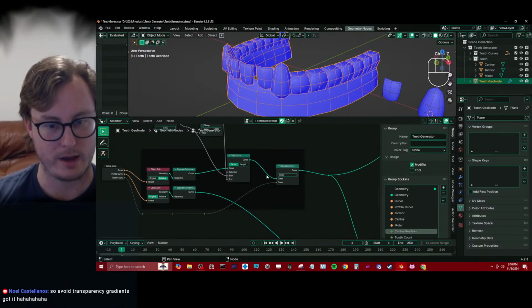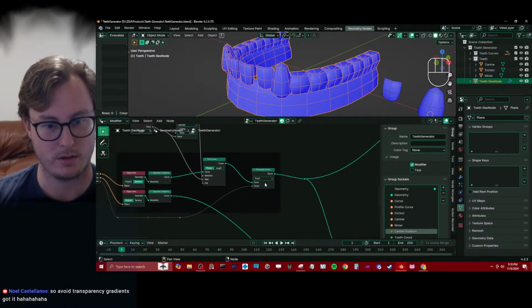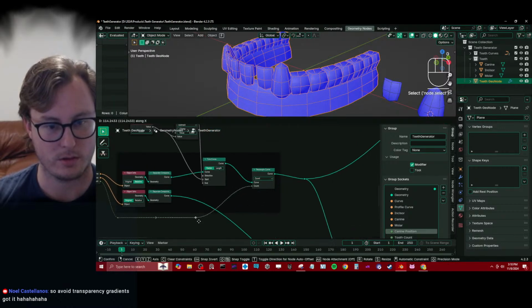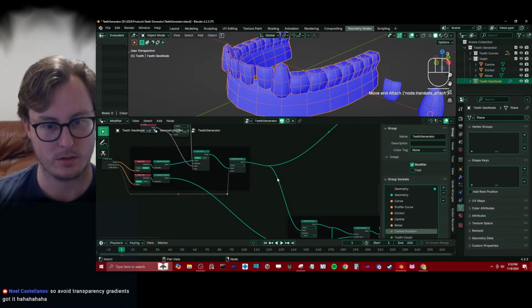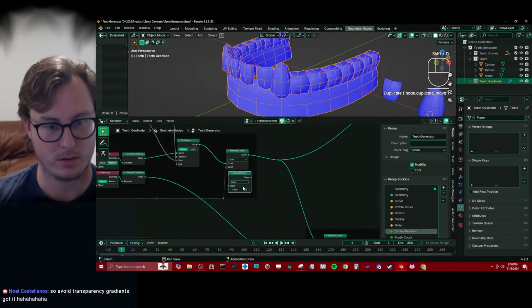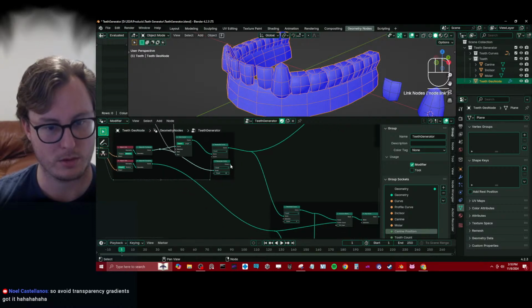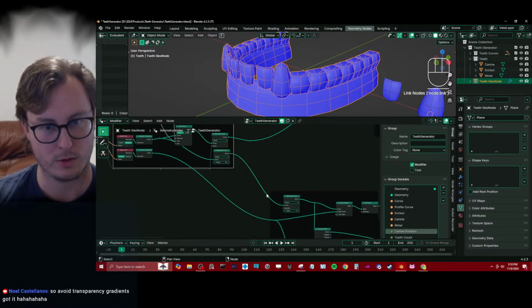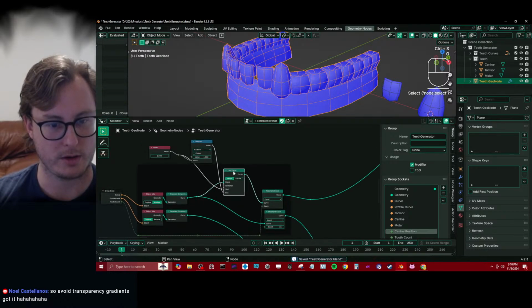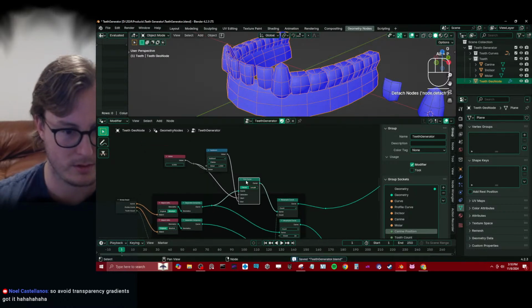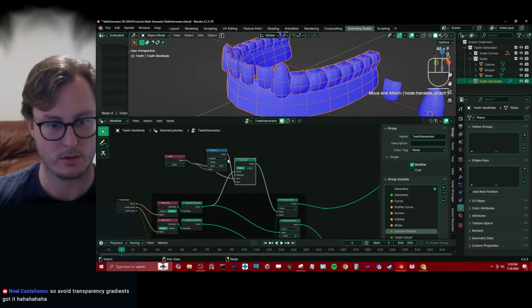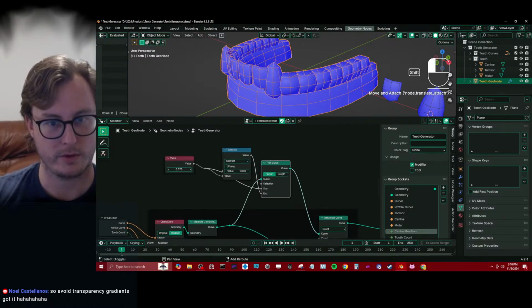So I want to do that. Just with the curve. For the teeth.